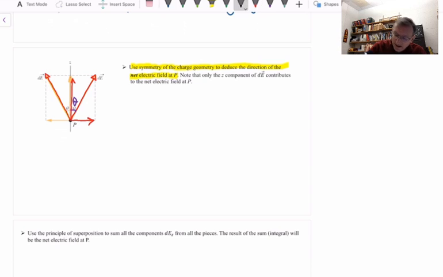It makes the same angle theta, but on the other side of the z-axis. And so it has a component perpendicular to z, that would be this one, and a component along z, that would be that one. And the key point is that the component that's perpendicular to z and that component cancel. These components cancel.